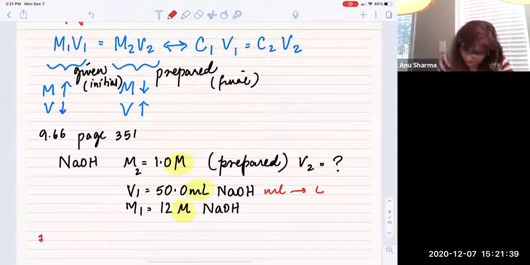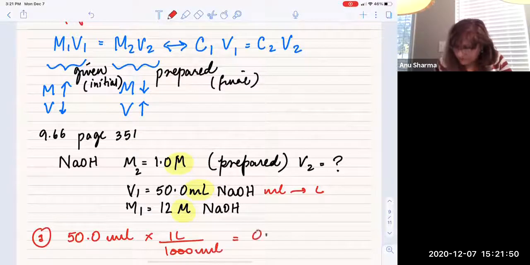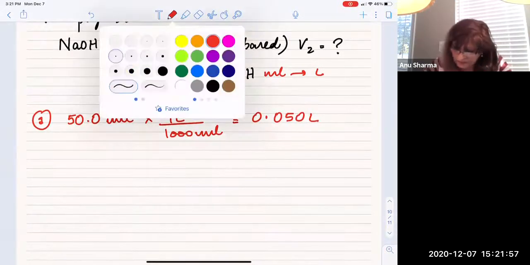That's the first step always. So let's convert that. 50.0 milliliters times 1 liter over 1000 milliliters gives you 0.050 liters. That's one thing.